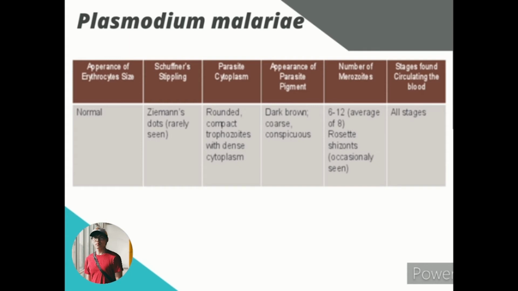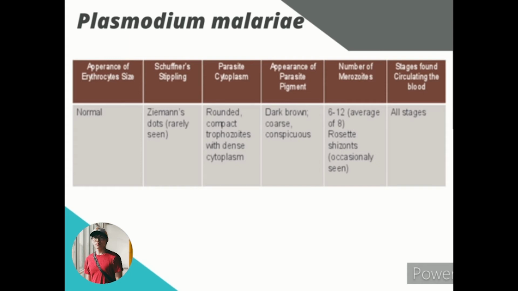It has rounded, compact trophozoites, but with dense cytoplasm. It is also dark brown in color and is conspicuous. It has an average number of merozoites, which is 8, but rosette schizonts, a microscopic feature, is occasionally seen. All stages are also present in the circulating blood.